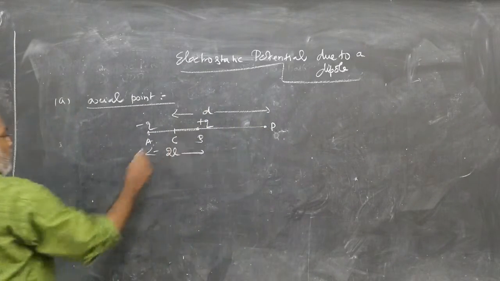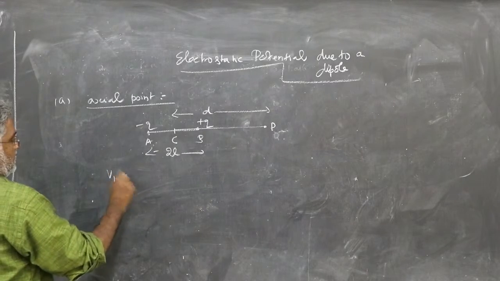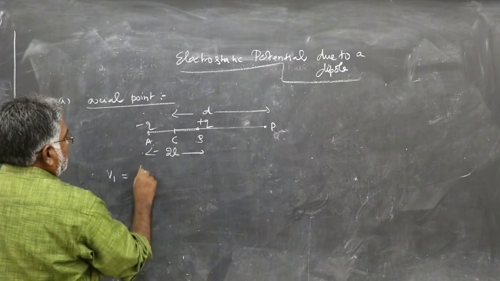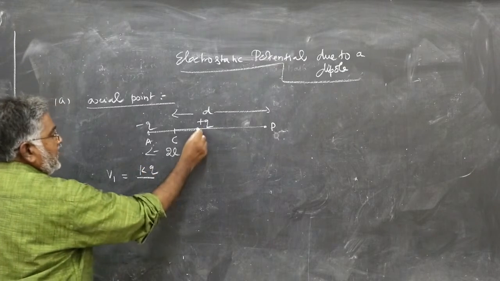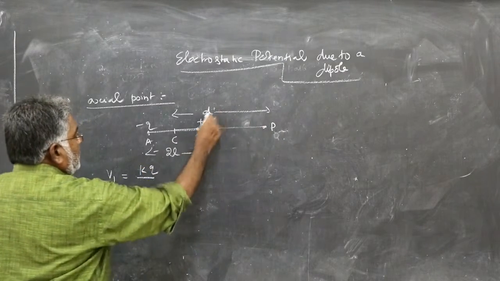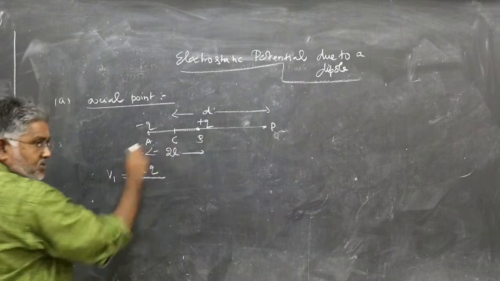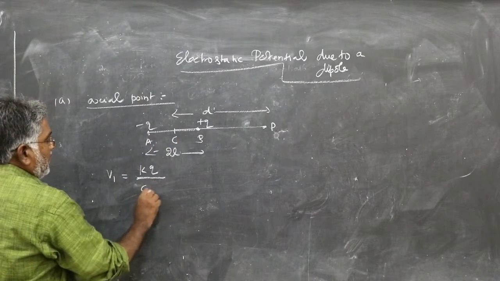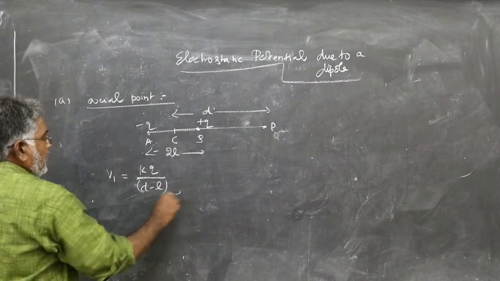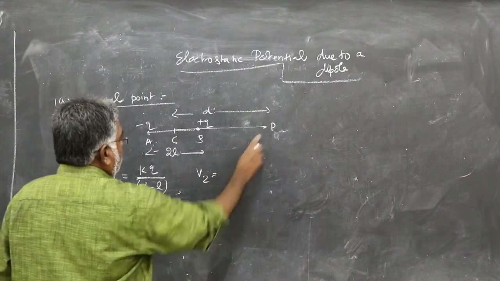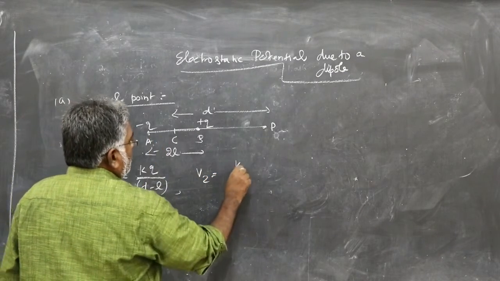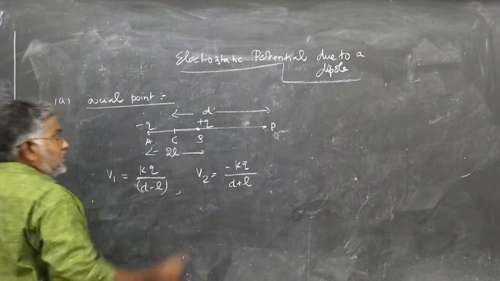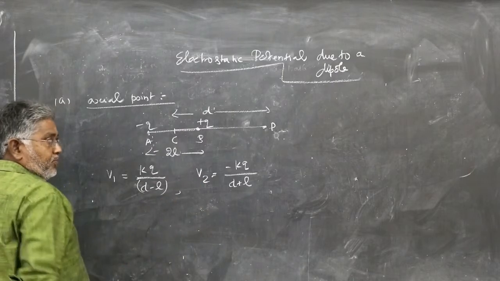Potential at P due to plus Q is kq by r. Here r means this distance, so d minus L, where 2L is the length of the dipole. Similarly, potential at P due to minus Q is minus kq by d plus L, the distance of P from A.